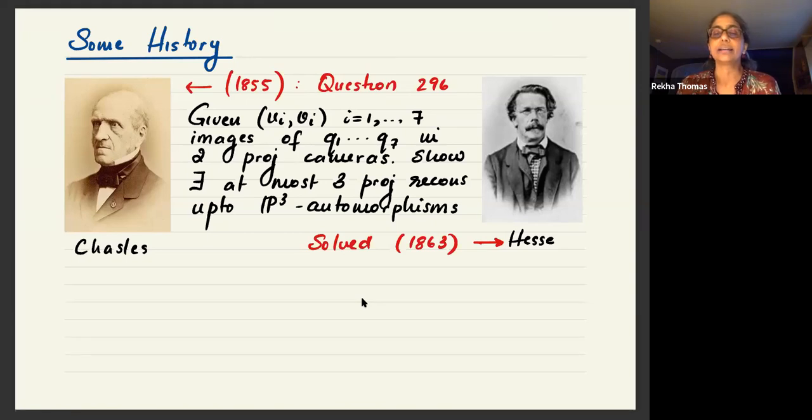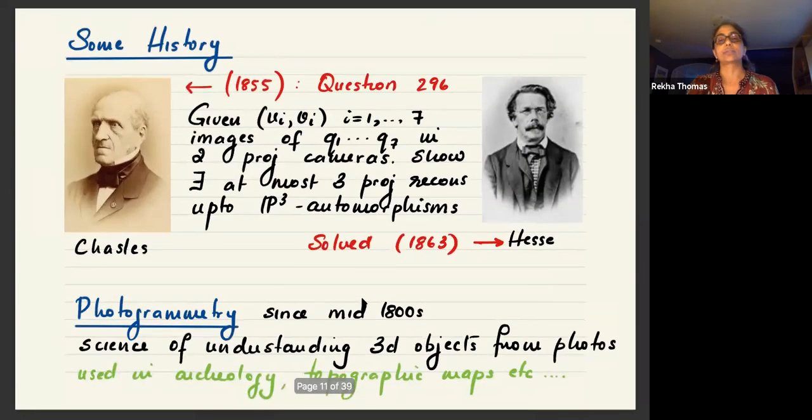It was solved by Hesse in 1863. Okay, so these problems have been around for a long time. It's not exactly our problem, but it's a very closely related problem. And in fact, for practical reasons, this was studied also from the mid-1800s in what's called photogrammetry, which is the science of understanding 3D objects from photos. So if you have aerial pictures of a terrain, you want to create topographic maps, or you want to make measurements, you want to do land surveys, it's used extensively in archaeology and so on.